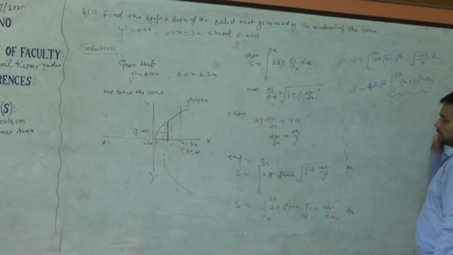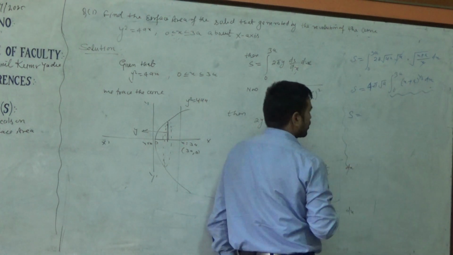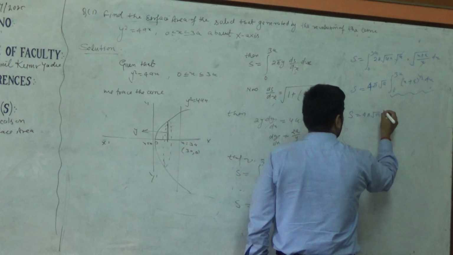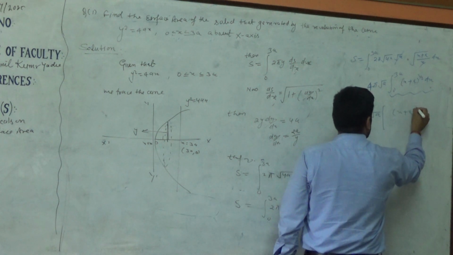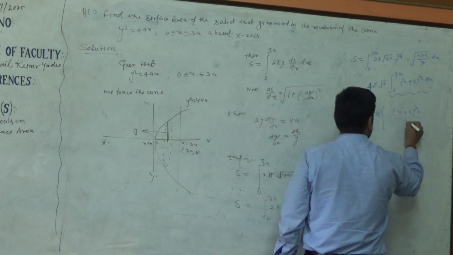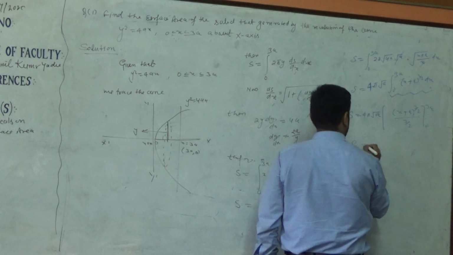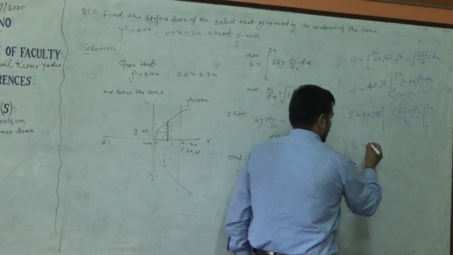Now we integrate: 4 pi root a times (x plus a) raised to the power 3 by 2 divided by 3 by 2, with limits 0 to 3a.